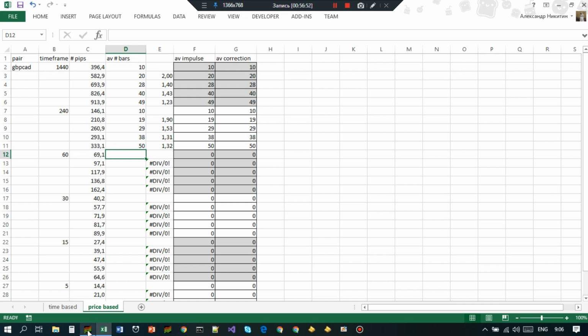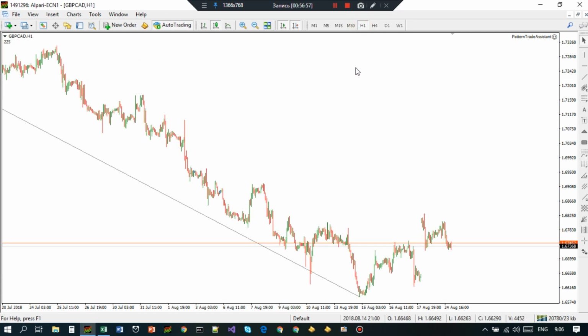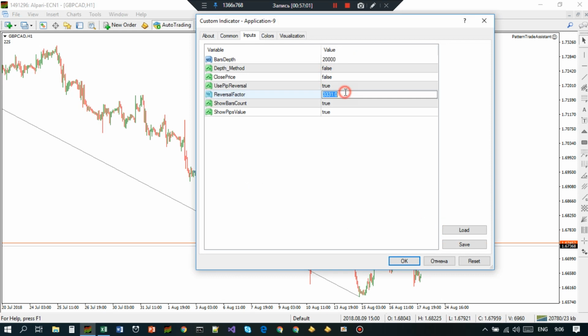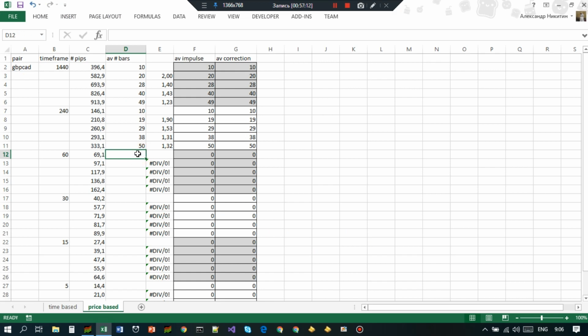Now let's switch to 1 hour and we should calculate 69.1. To 1 hour, 69.1, and it is this: 10 bars. The average correction, average impulse, average swing is 10 bars. I presuppose that average impulse and average correction have equal time duration.